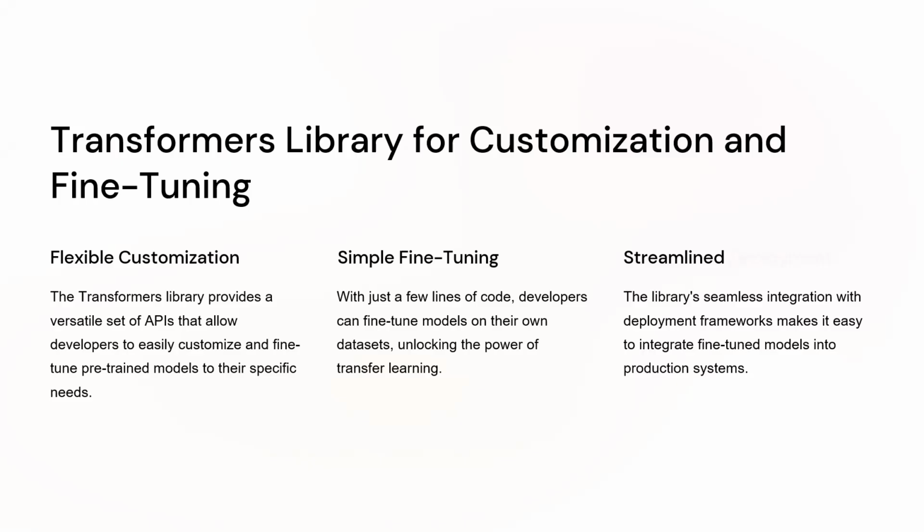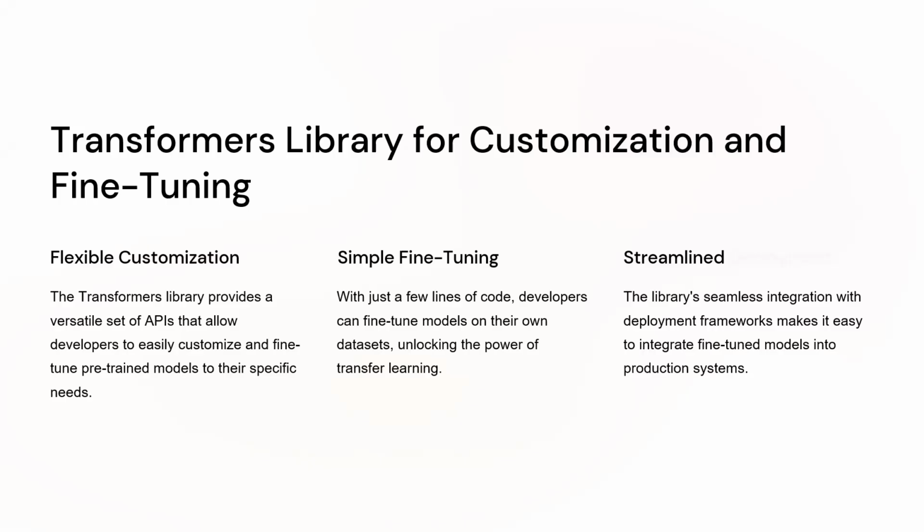Fine tuning is the process of training a model on a smaller or specific dataset to improve its performance on related tasks. The transformers library simplifies this with straightforward code that allows developers to fine tune models quickly without going in deep.